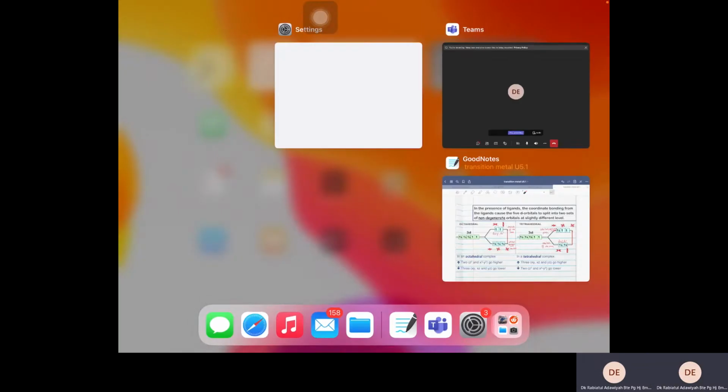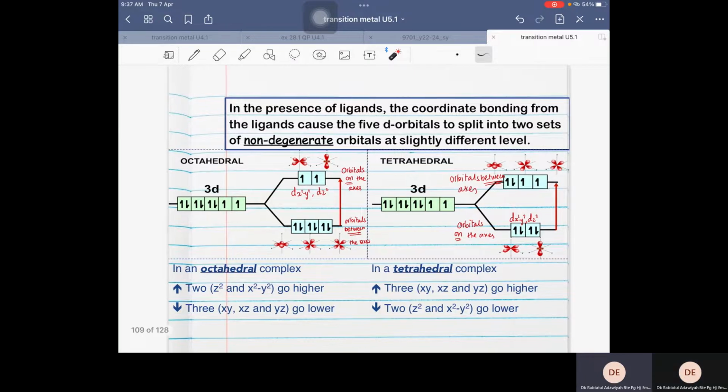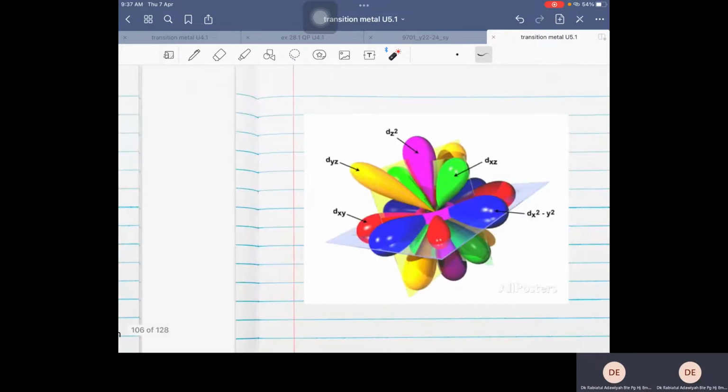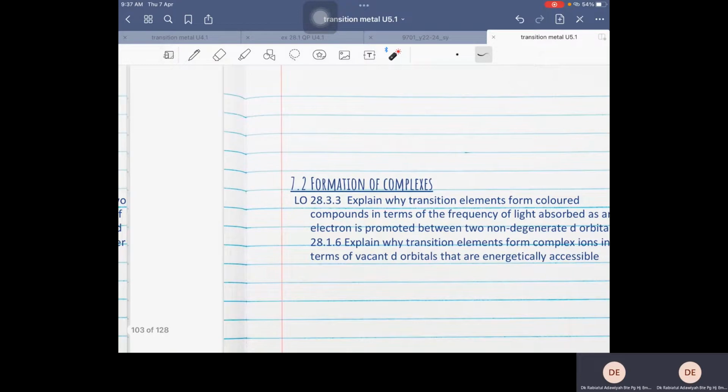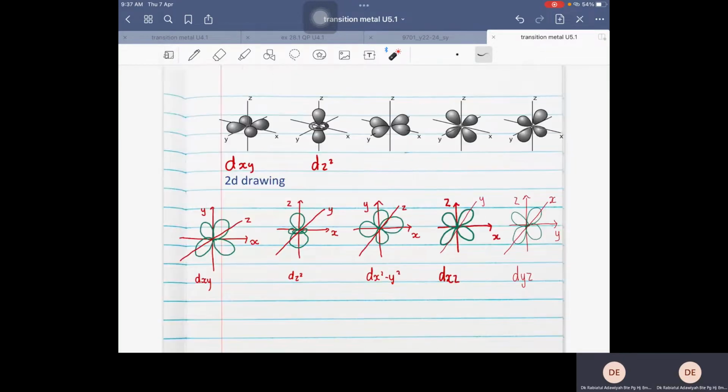Okay, so just to recap what we did yesterday, we saw that there are 5 types of d orbitals and they can be divided into 2 groups. The first group is the orbitals that sit on the axis, and the second group is the orbitals that sit between the axis. Okay?